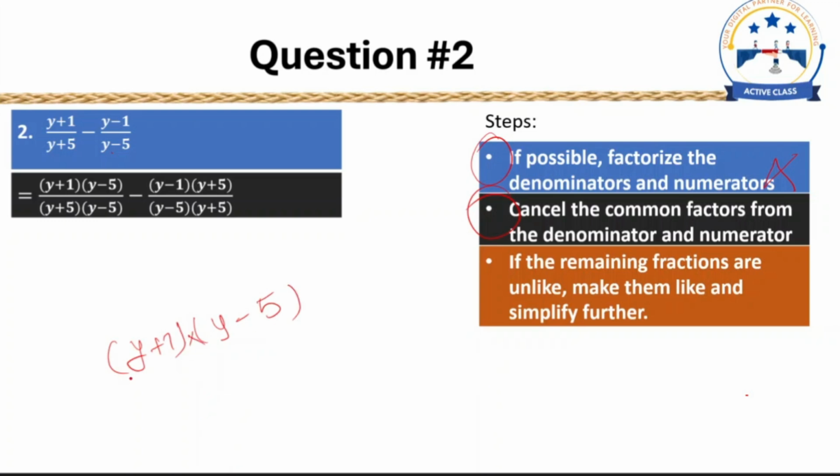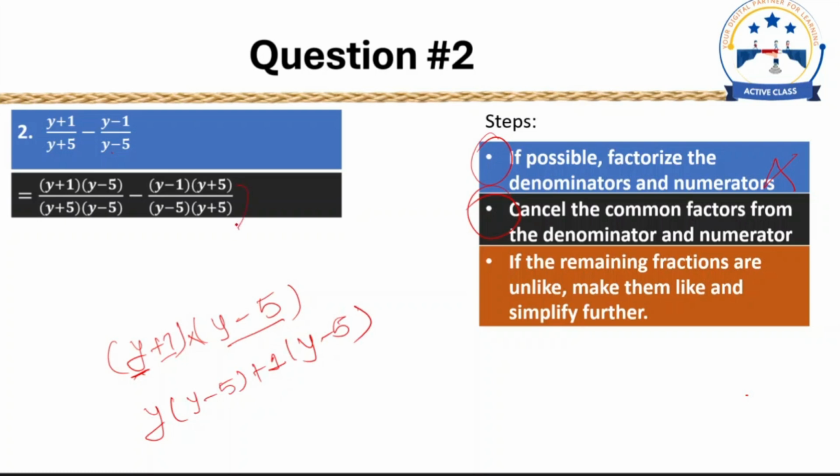So we multiply, means this y multiplies the y minus 5 once, and then again plus 1 multiplies the y minus 5. So I write y times (y minus 5) plus 1 times (y minus 5). And I multiply it further.